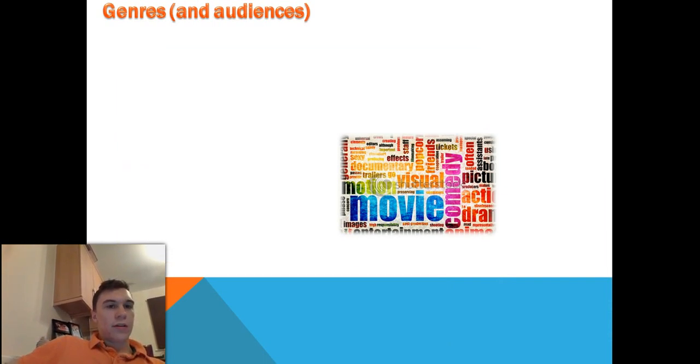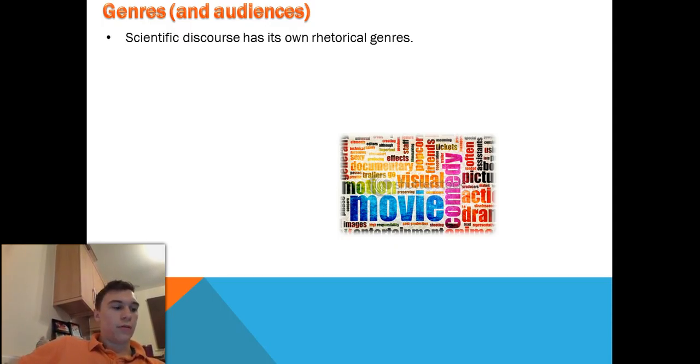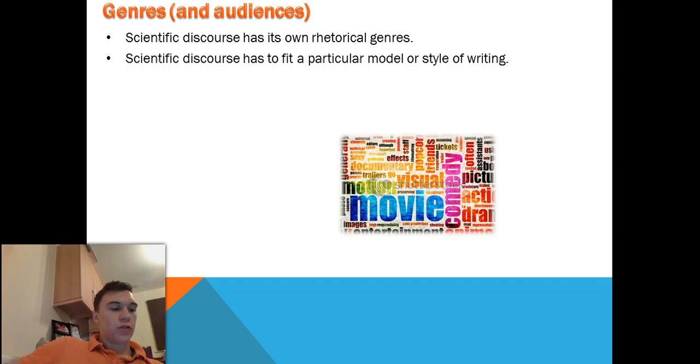Genres and audiences. Scientific discourse has its own particular genres, even though we may not recognize them in such a way, rather than fitting into a particular category of literacy. Scientific discourse has its own particular model and style of writing.